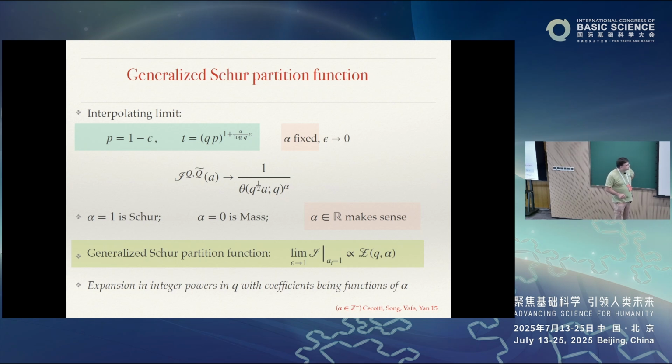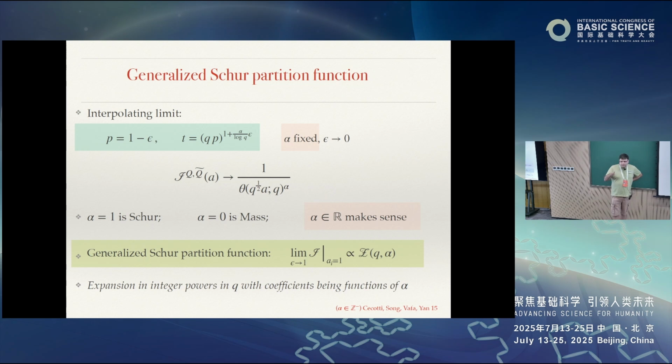Now, I want to stress that taking this kind of limit is not new. This was done by Cecotti, Song, Vafa, and Yan 10 years ago, but with a different motivation. Their motivation was to study more the relation between the Kontsevich-Soibelman wall-crossing invariant and the Schur index.